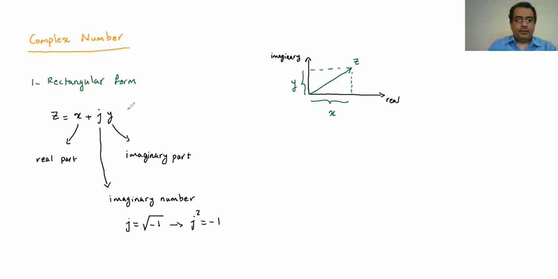So here, if x is 0, then z becomes jy, and basically what I have is a pure imaginary number.